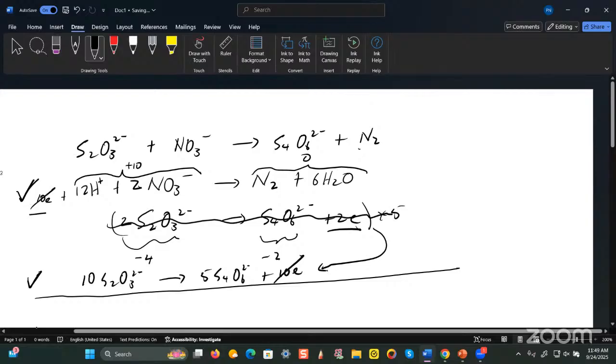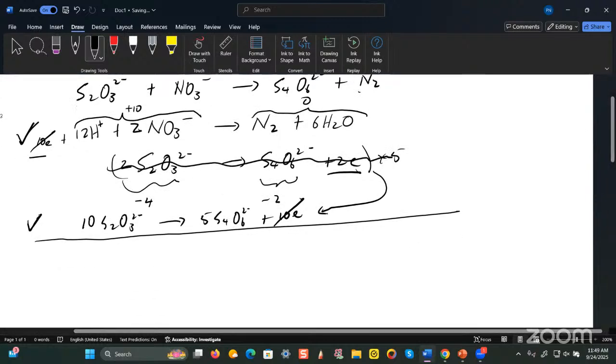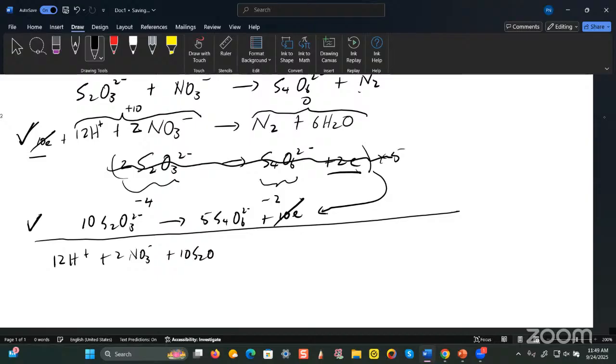So basically, what you need to do now is write down what remains, which would be 12H plus 2NO3 minus plus 10S2O3 2 minus, and then on the right side, you're going to have N2 plus 6H2O plus 5S4O6 2 minus. And that should be the final answer, right?